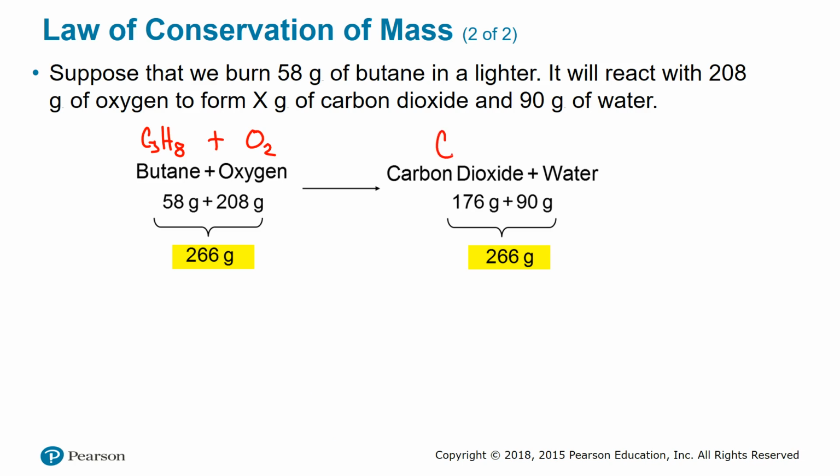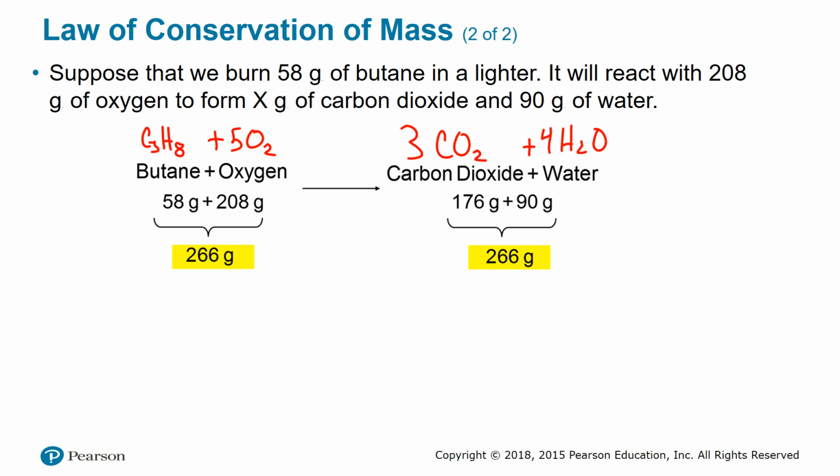Carbon dioxide is CO2. And water is H2O. 3 times 2 is 6. 4 times 2 is 8. So that's 4. Plus 6 is 10. And so there's your balanced equation for showing that.